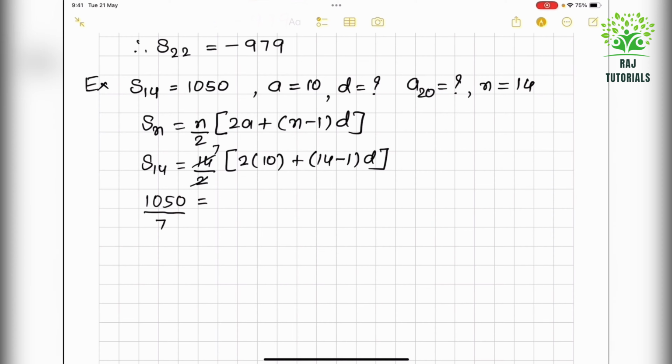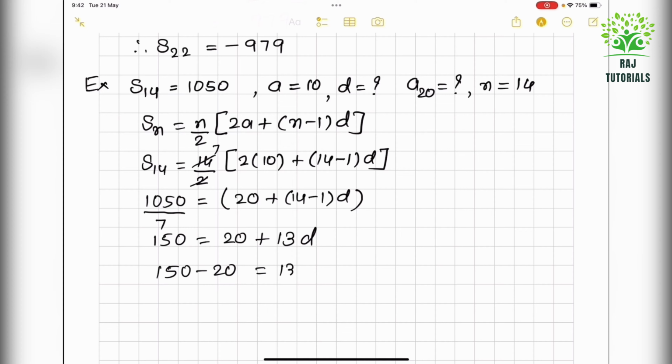If I bring this 7 on this side, it will go into divide, 20 plus (14 minus 1)d. So, 7 ones are 7, 7 threes are 21, so 150 equal to 20 plus 13d. So, 150 minus 20 equal to 13d. 130 equal to 13d.